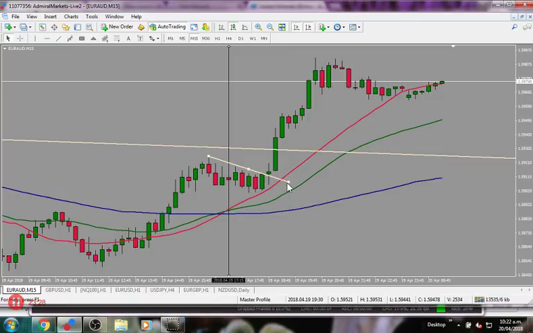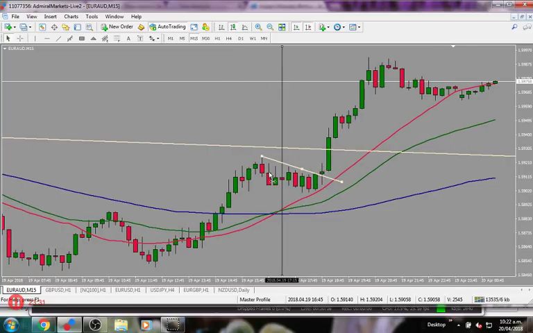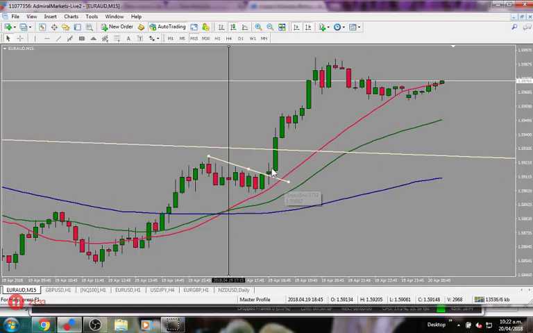So that could be, for example, the first candle to say this would be a buying signal.